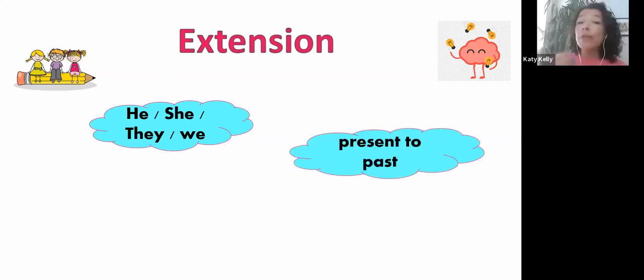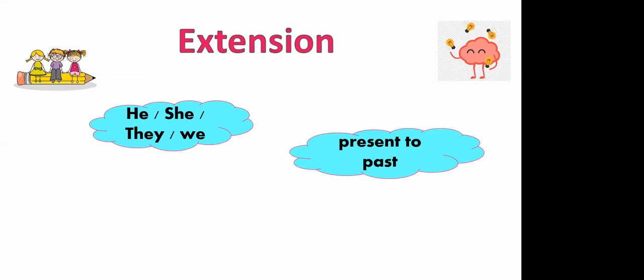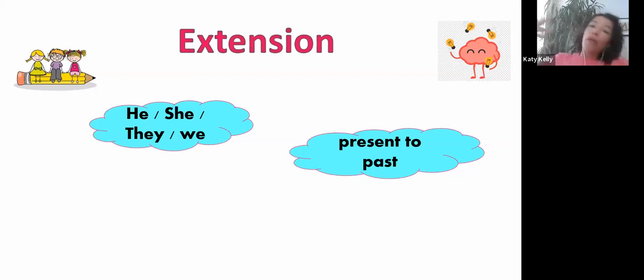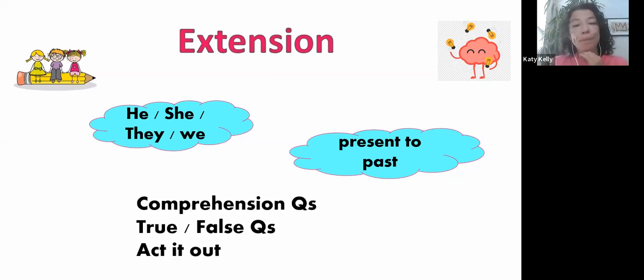If we wanted to as well, we did the story in the present. Bella was in the forest now. We can also change it and say, last week Bella was in the forest and she asked, what were you doing? He was, and so on. So we can also change it from present to past.